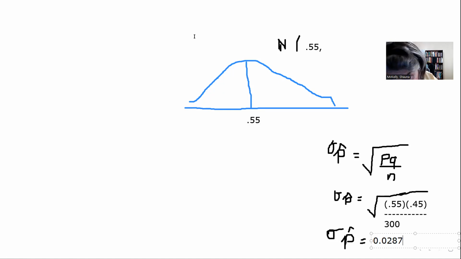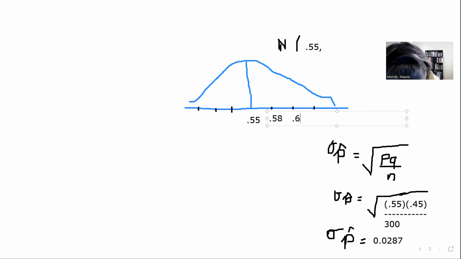So what I'm going to do now is do what I did before and always what I've done, do my standard deviations, do 3 of them, and count by whatever this amount is. I do 3 of these like so here. So 55 plus 0.03, this is going to be 0.58. 55 plus 3 is 58. 58 plus 3 is 61.